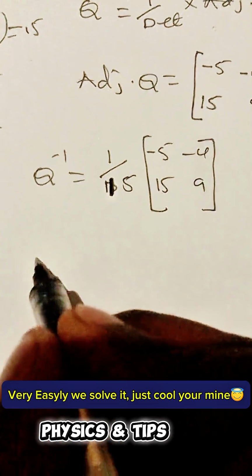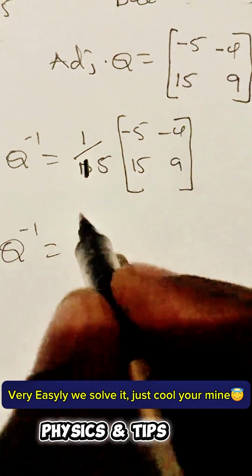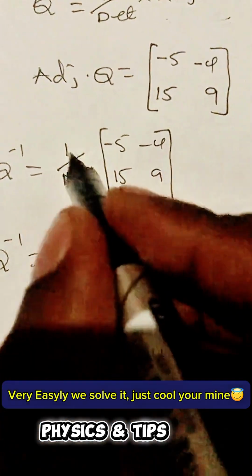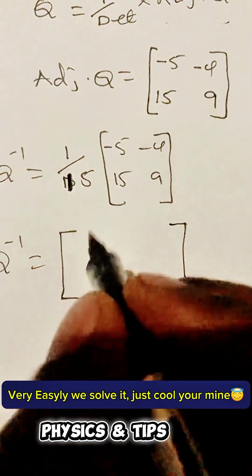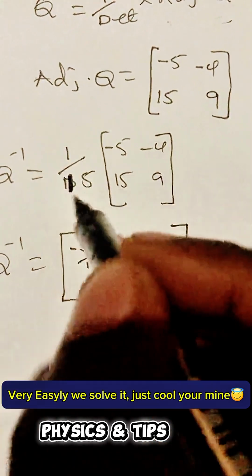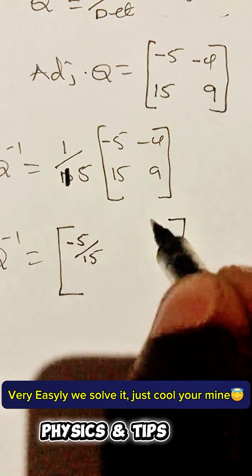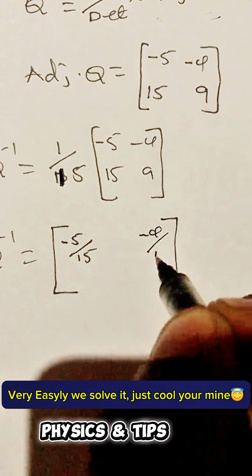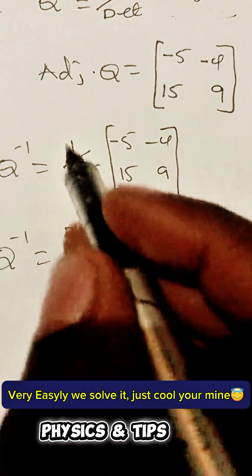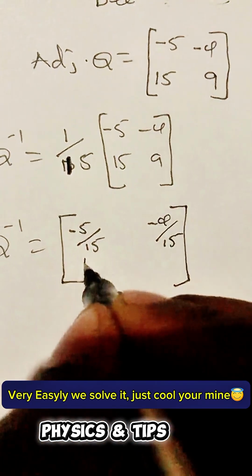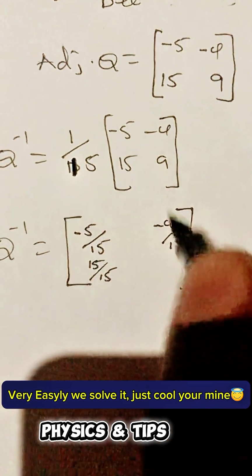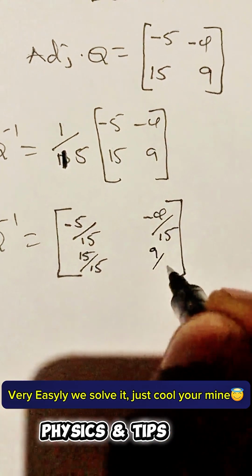So we're going to multiply by 1 over 15. So 1 over 15 times negative 5 gives negative 5 over 15. 1 over 15 times negative 4 gives negative 4 over 15. 1 over 15 times 15, we get 15 over 15. Then 1 over 15 times 9, we get 9 over 15.